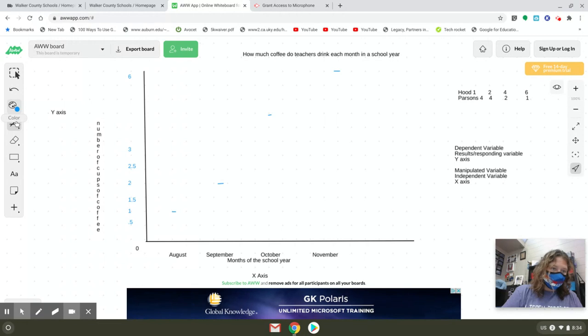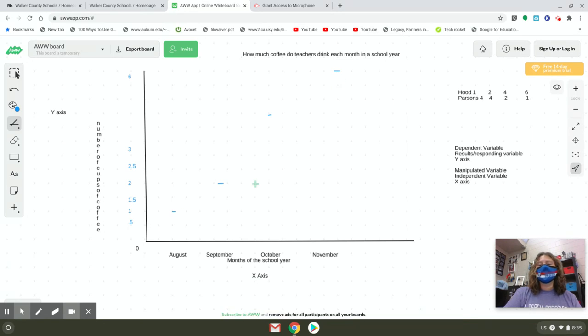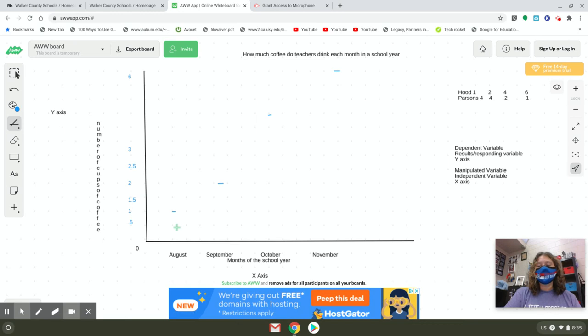So the next step is drawing your line of best fit for this data set. This is also called a trend line, and this is the tricky part. You want to draw a line that shows the trend of your data. Now, it's easy to see that if we continued this data, it would keep going up basically at the same level. But data is never perfect, so it's not a perfect line. You are not going to connect the dots.